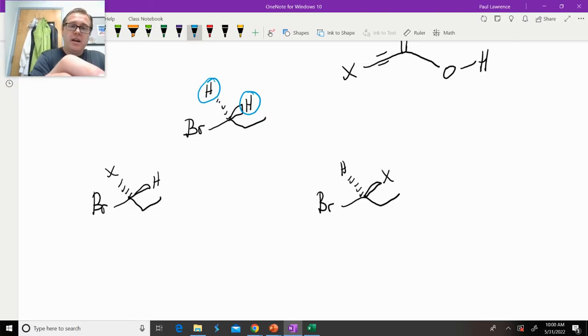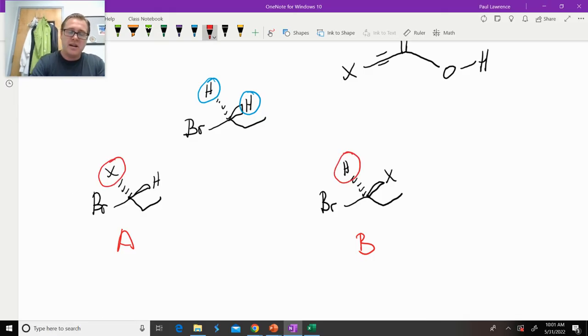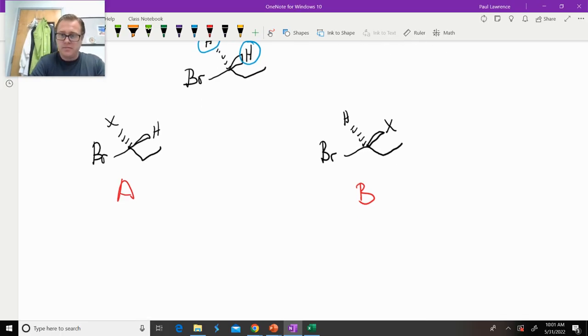So what we have here is A and B. What is the relationship? Well, if I take B, can it superimpose? No, it can't. Because you clearly see that this hydrogen right here is on a dash, and on the dash over here, there's an X. It's not superimposable.